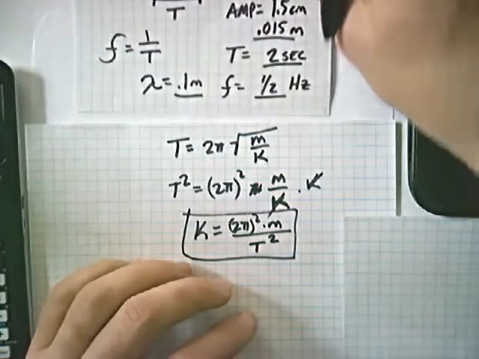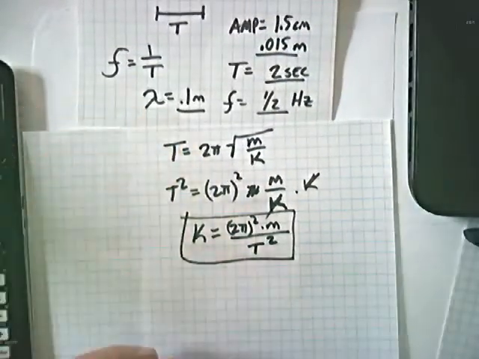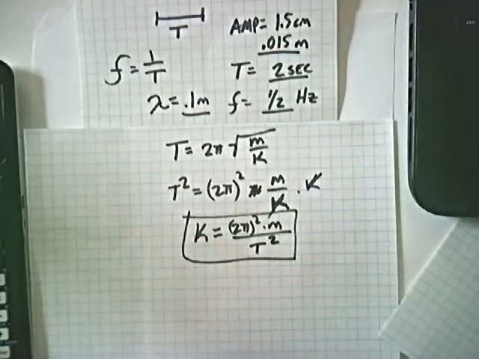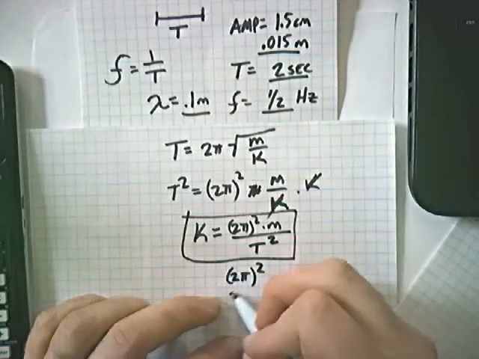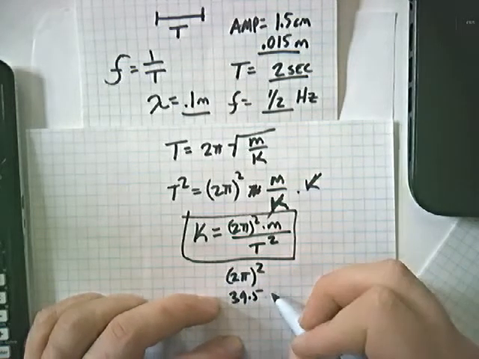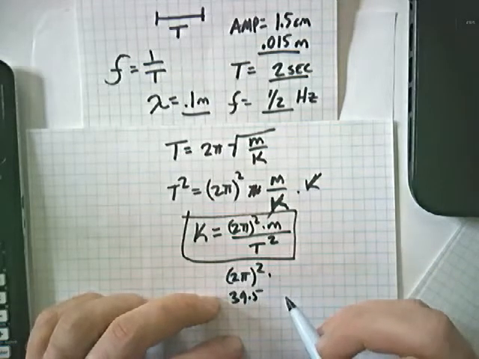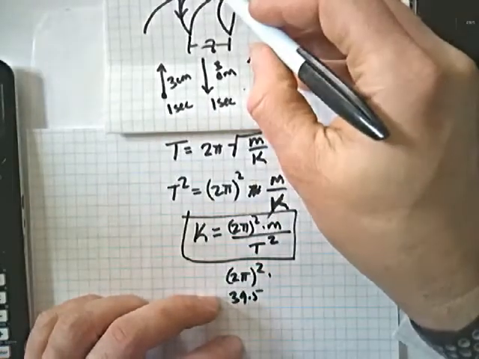Now that, in combination with our wave properties, is going to help me to go ahead and solve here. So let's plug our numbers in. 2 pi squared, just from memory, I know that's 39.5. Mass of the water bug at the very beginning of the problem was 25 grams.